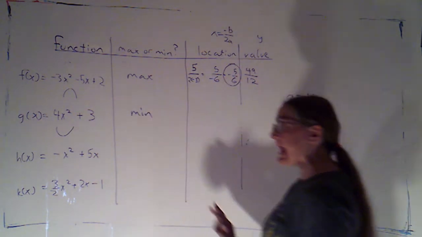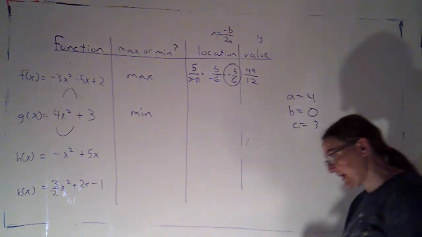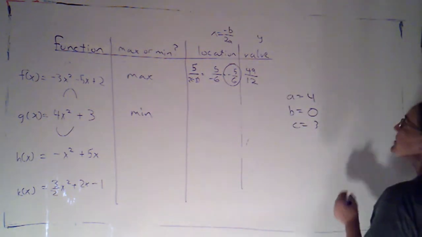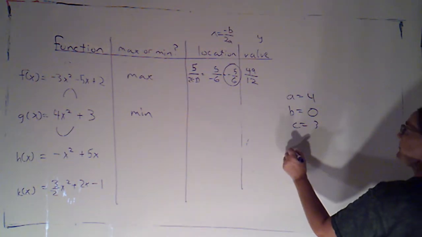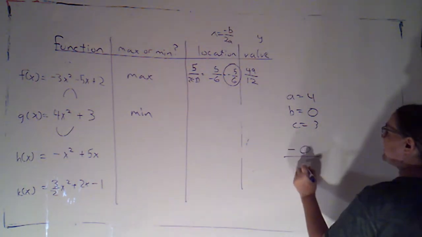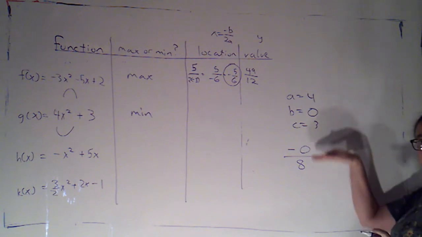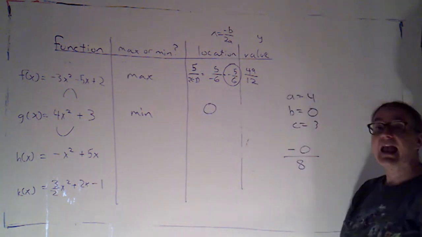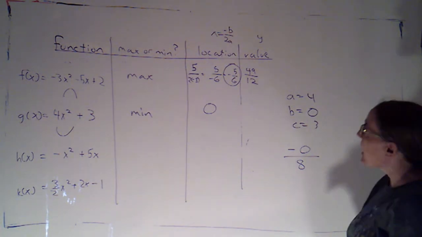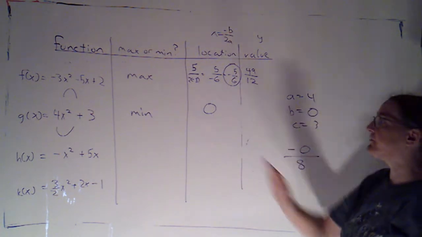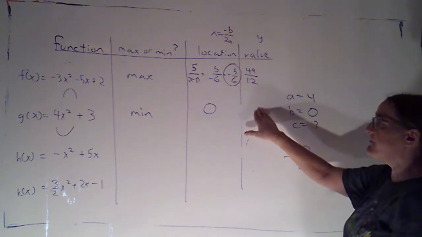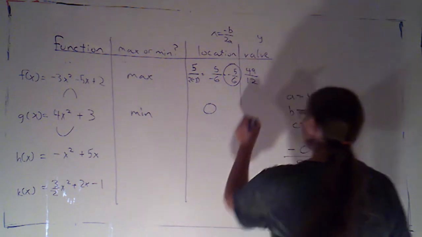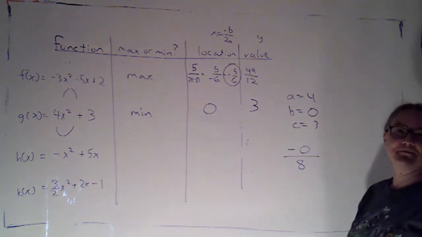Remember, a can't be 0 or we wouldn't have any x squareds and it wouldn't be quadratic, but b or c is allowed to be 0. So the opposite of b over 2a, we're going to get the opposite of 0 over 8, but 0 over any non-zero number is just 0. So the location of the minimum, which would be the x value of our vertex, is 0. To get the value, we simply plug that in. But if I plug in 0, it kills off that first term, and we just get 3.